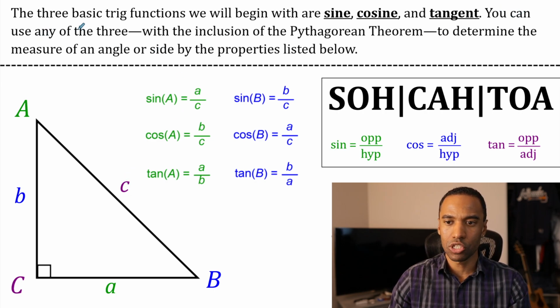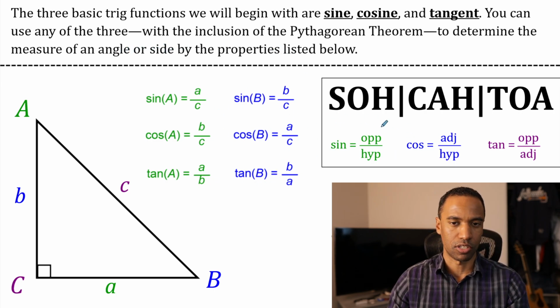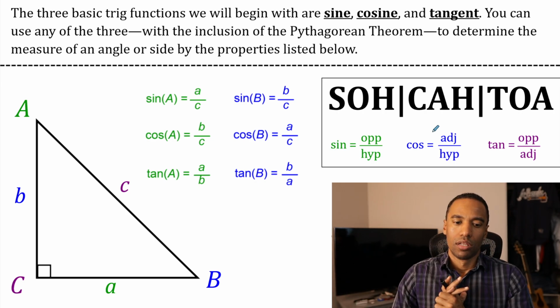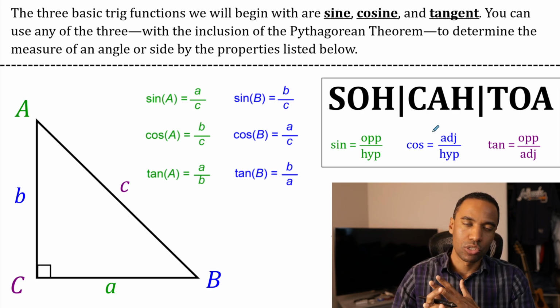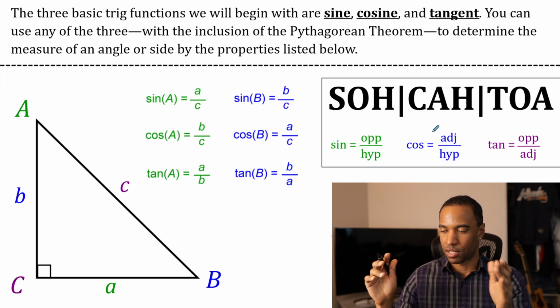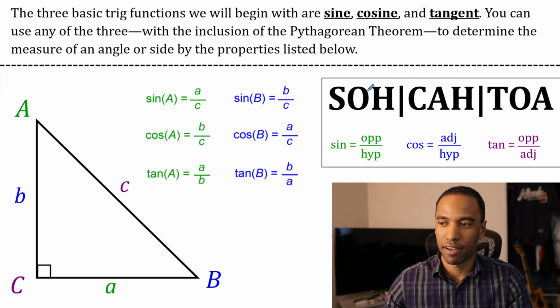You can use these 3 trig functions to determine the measure of an angle or side with some of the properties that you see listed below here. If you need to memorize these for any reason, and I won't necessarily have my students need to memorize this, you can use this as a resource to access at any time, but there's a mnemonic device called SOHCAHTOA.